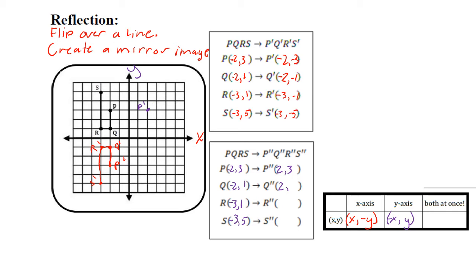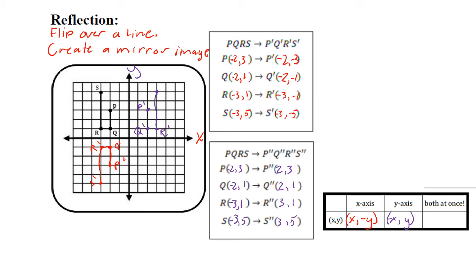So let's go ahead and fill in the rest of these. 2, 1. So I've got Q prime. R prime would be now 3 to the right of my y-axis. So I've got 3, 1. And S prime will be +3, 5.